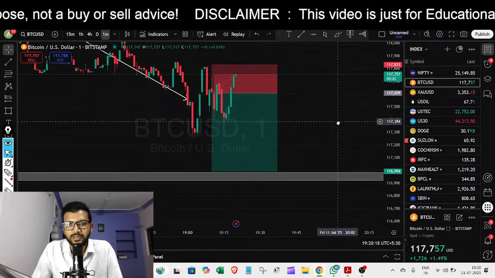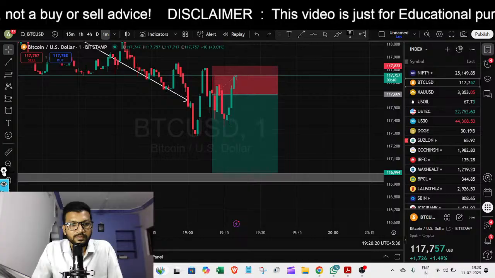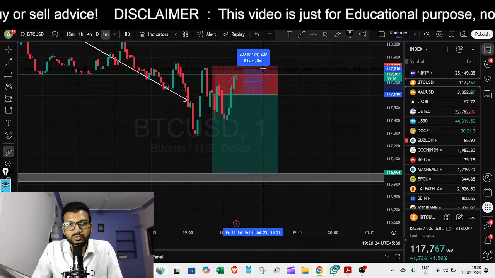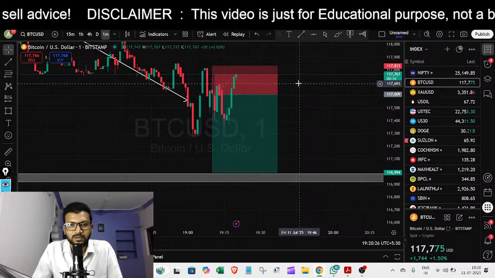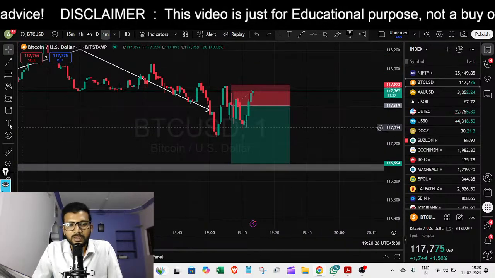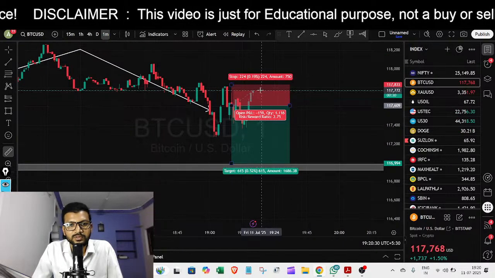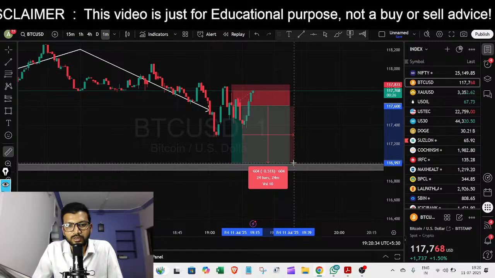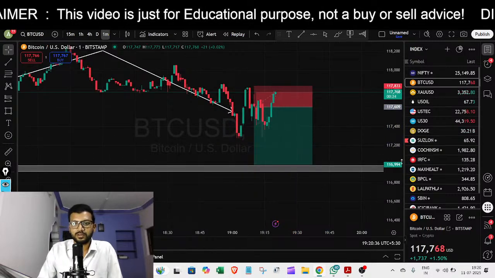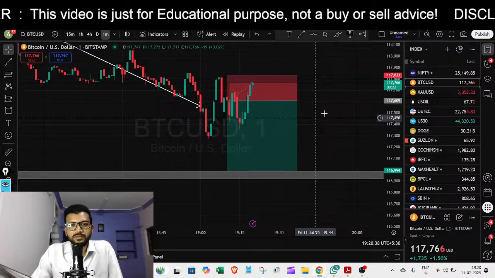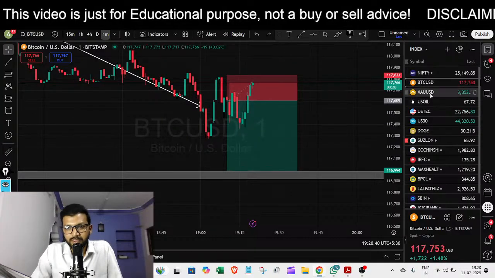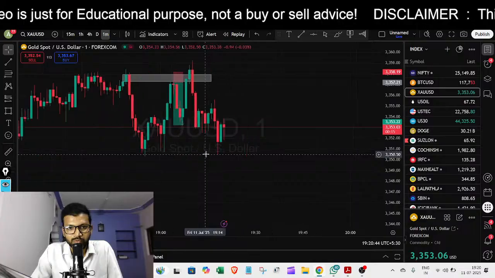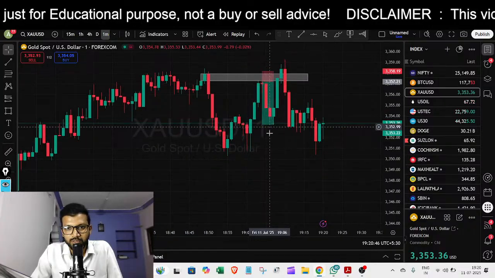It was a very small SL, 200 points SL, and if our target was hit, it would be almost 600 points, 1 is to 3. No issues if they sell it also, because we have already captured 1 is to 3.5 in gold. This beautiful short momentum we captured at the start of the stream.